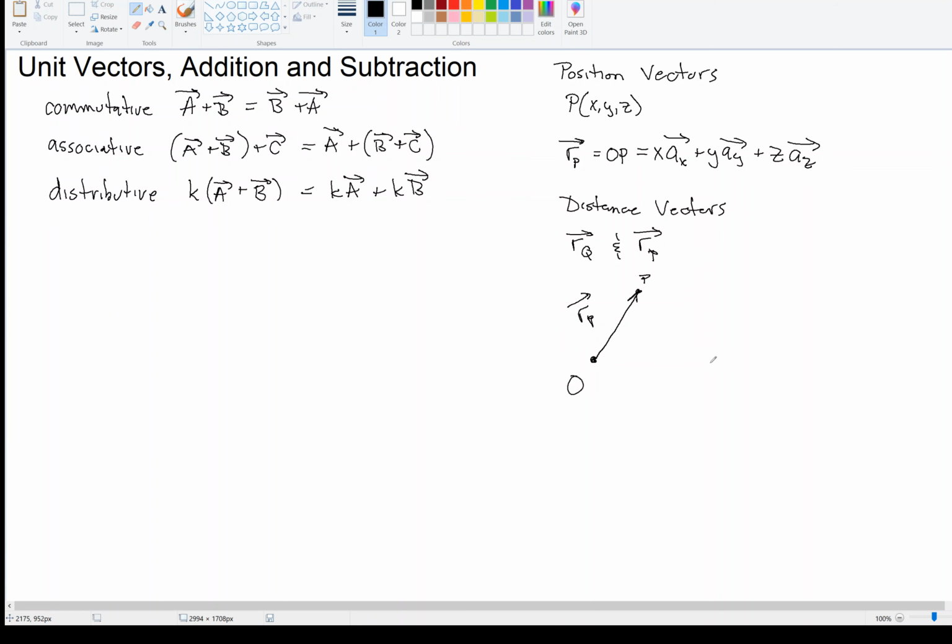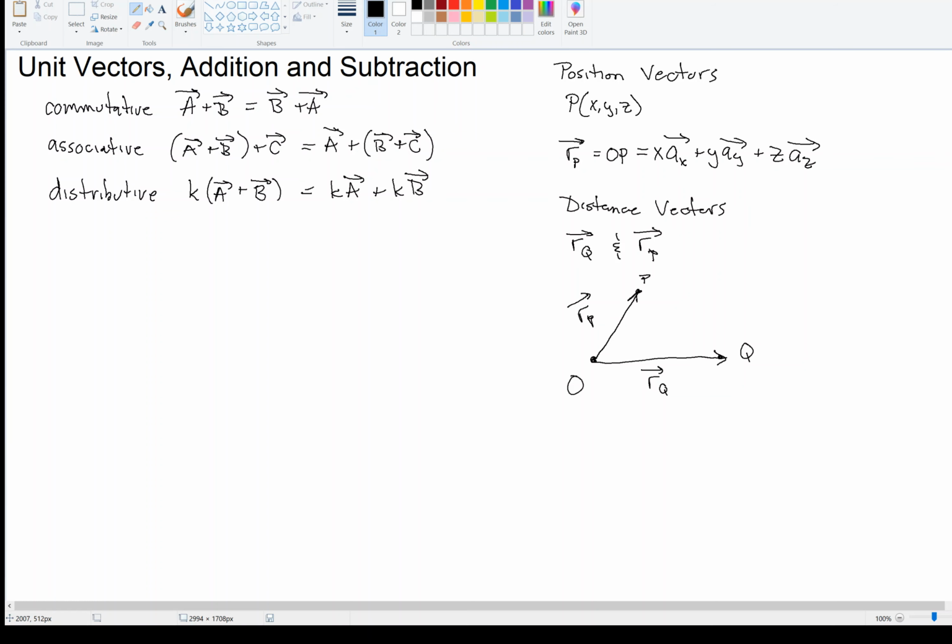So now let's say we have point Q over here, right? So the distance vector, oops, I didn't draw that very well. Excuse me, the position vector, this would be RQ from the origin to point Q. Now what we're talking about, the distance vector, is the directed distance from one point to another.